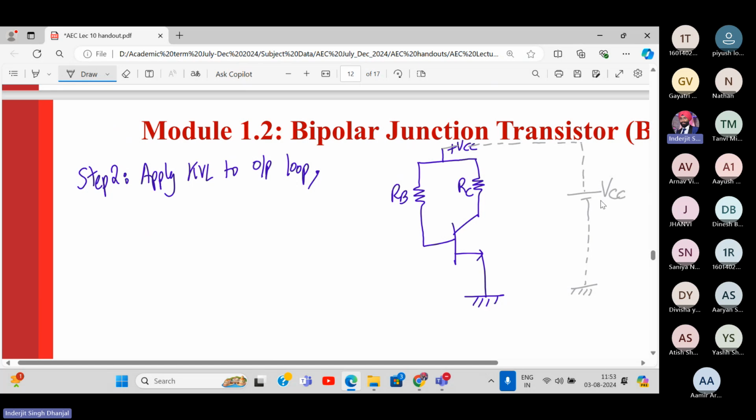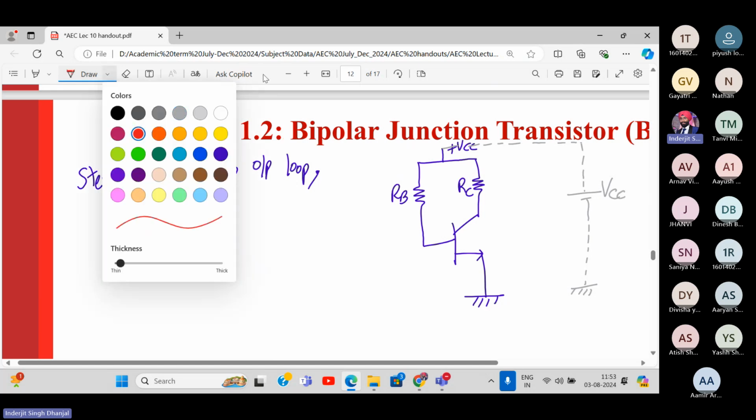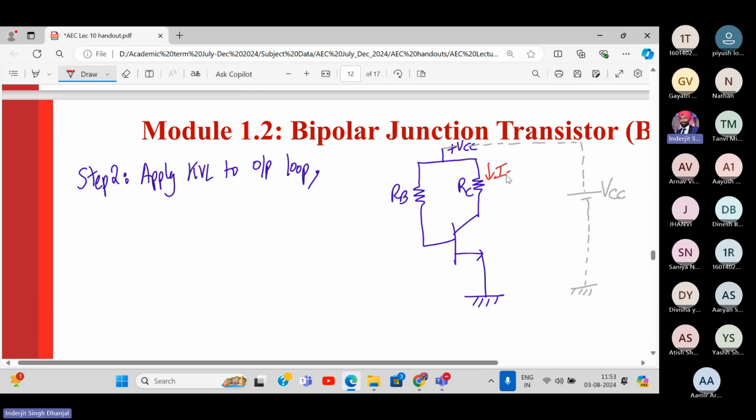This is VCC. Okay. And what current flows through RC? IC. And what are the terminal voltages over here? Plus minus VCE. So I'm highlighting the output loop. It starts from here, goes into the collector terminal, then the collector resistor, out of this thing, and then over here. So this is my output loop.